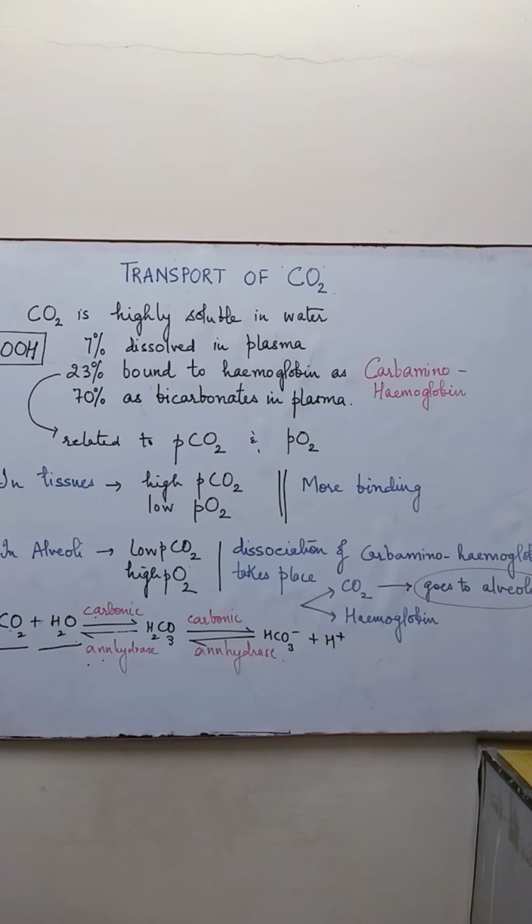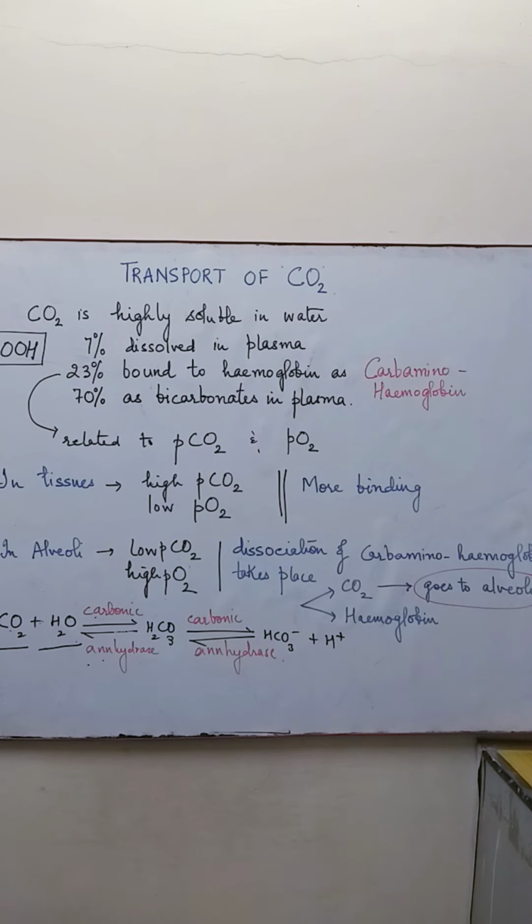In the tissues also, in the alveoli, where the partial pressure of carbon dioxide is low, the reaction takes place in the opposite direction. So over here you can see the reaction is taking place in the opposite direction, and as a result the formation of carbon dioxide and water is happening.